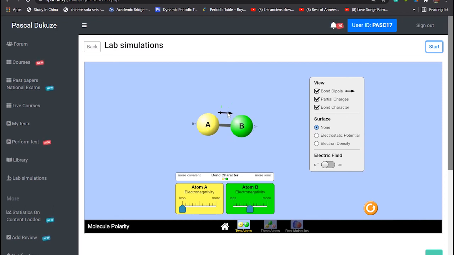The dipole moment will not change. As long as the electronegativity differences are not changing, what you have will be the same, whether you change the position of the atoms or not. It remains the same. Again, if you want, you can reset and start from the initial point.